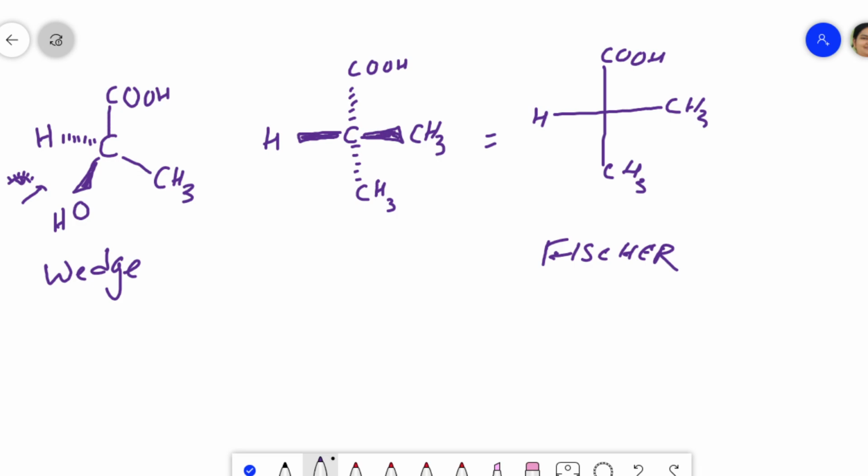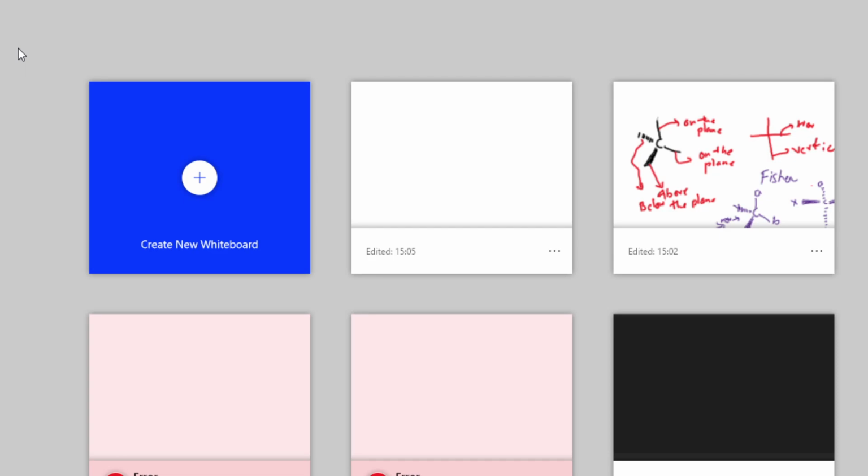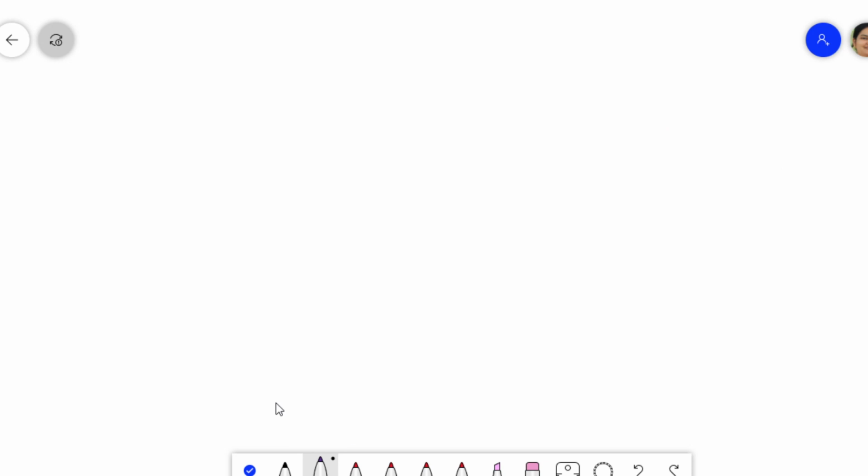Okay, so let us try to draw one more example. Let me draw something like the one from your earlier case.